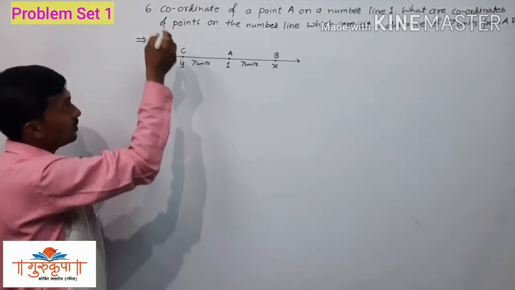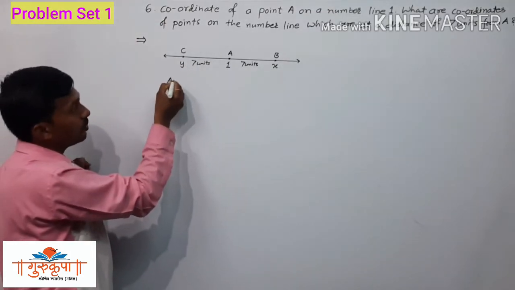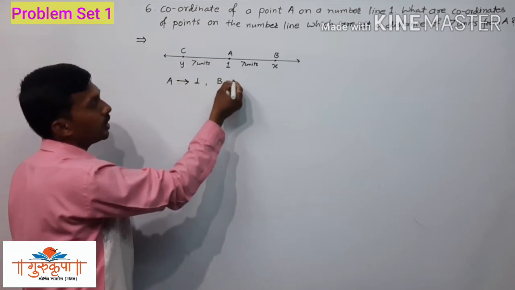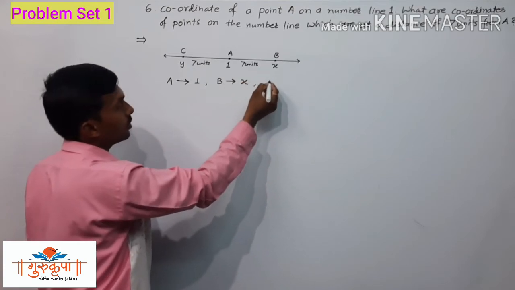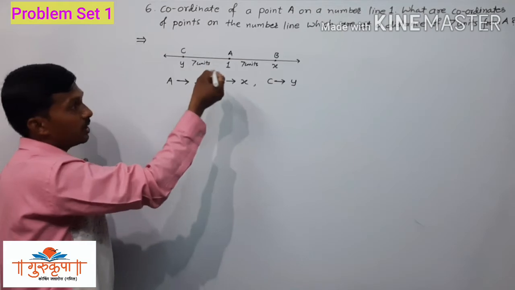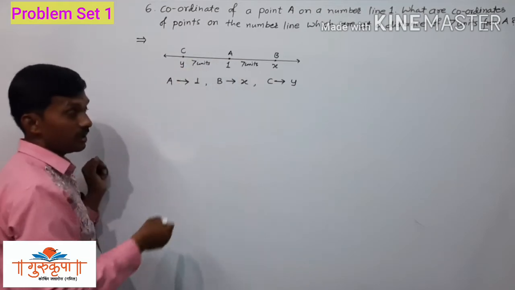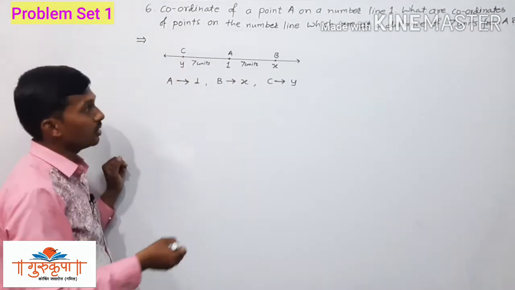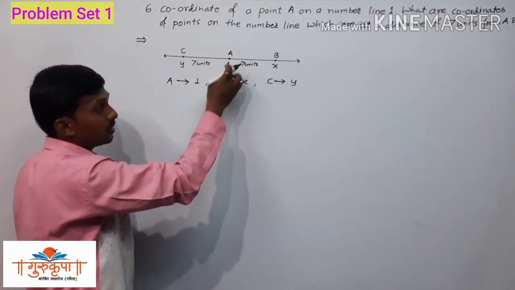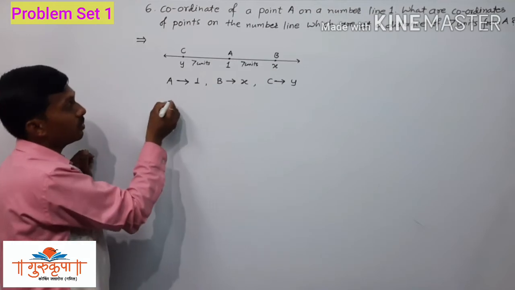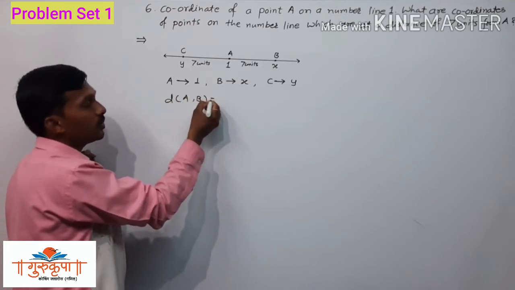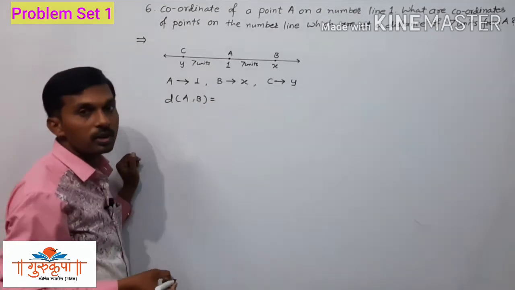The information which we have available is coordinate of the point A is 1, coordinate of the point B is x, and coordinate of the point C is y. We have given that distance AB is 7 units and distance AC is also 7 units. So here first we will find the value of x, considering that the distance AB is 7 units. How to find the distance between the 2 points if we know the coordinates?